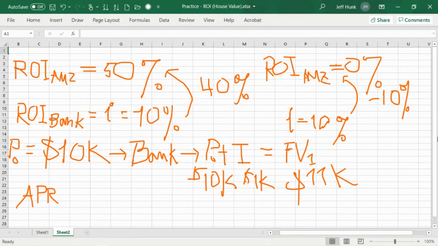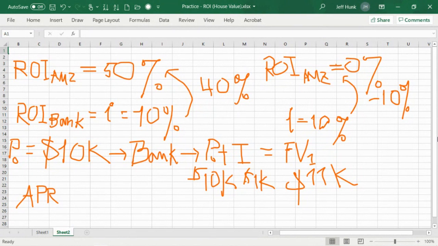Now, think about it. When you borrow, you have to pay, let's say, 3% interest, and you have an excellent credit score. If you have a poor or mediocre credit score, it could be 8%, it could be 10%.